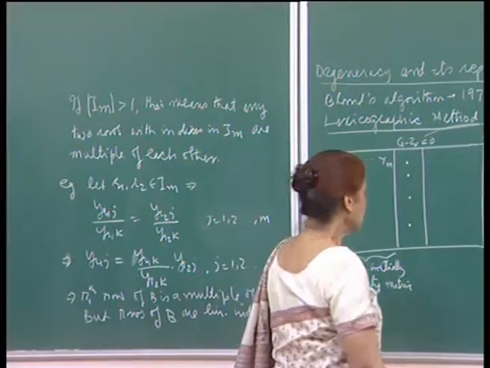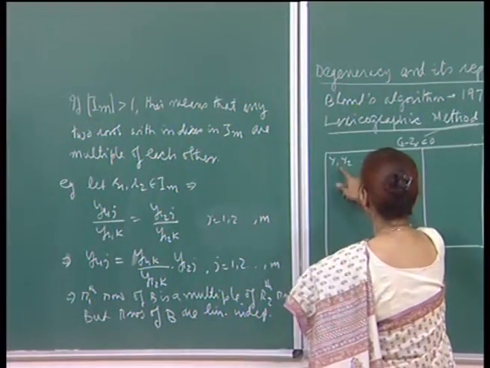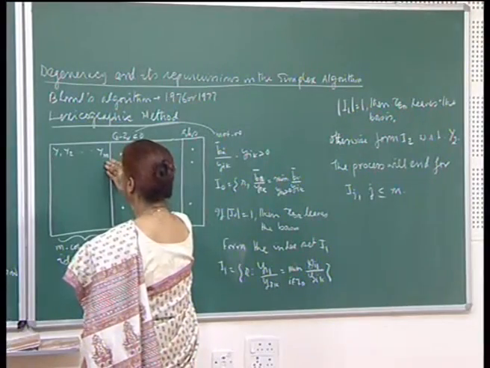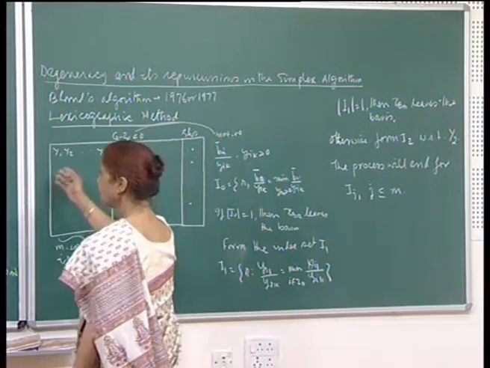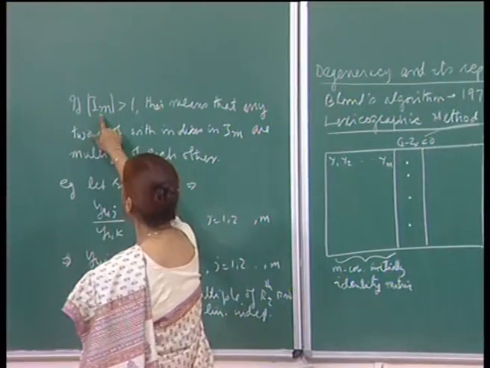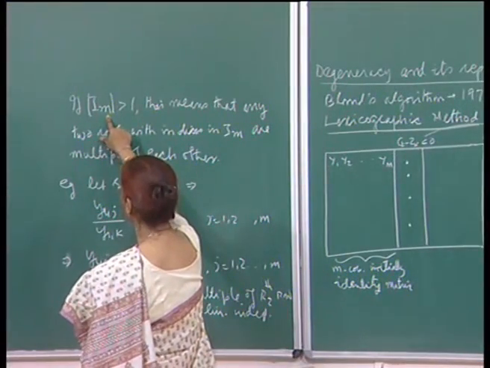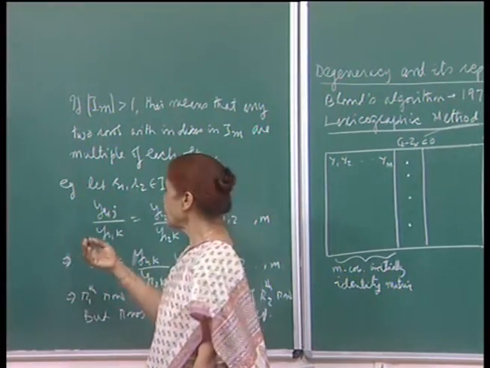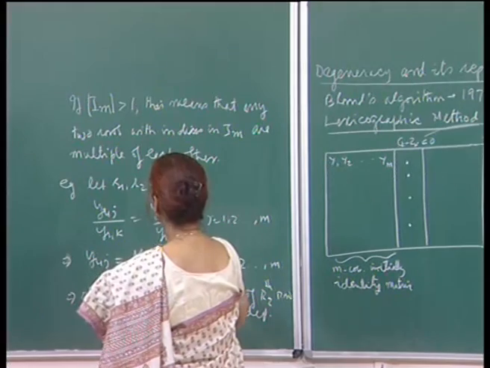What I am trying to say here is that taking the ratios column wise, the process must end much before we reach the mth column. Suppose it does not happen, then what would it mean? That the index set Im has cardinality more than 1. That means, I have not come to a unique choice of deciding which variable leaves the basis.